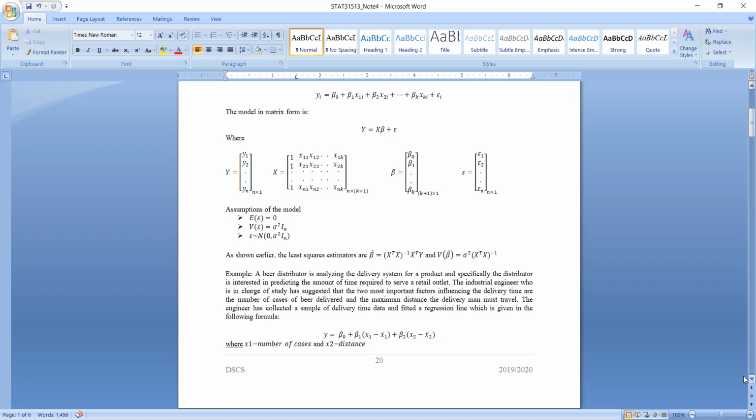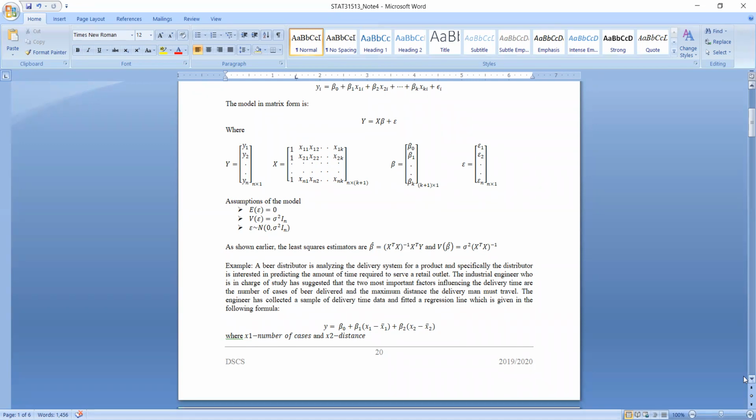The industrial engineer in charge of the study has suggested that the two most important factors influencing the delivery time are the number of cases of beer delivered and the maximum distance the delivery man must travel. The engineer has collected a sample of delivery time data and fitted the regression line given in the following formula, where X1 is the number of cases and X2 is the distance.